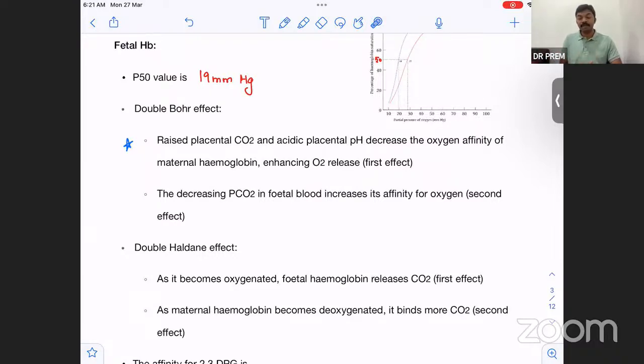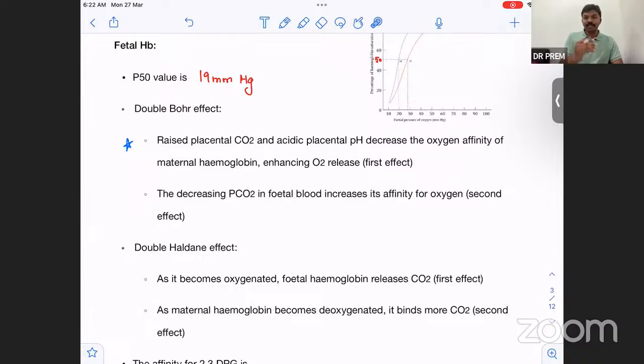Number two, since fetal metabolism is very, very less, the amount of carbon dioxide in fetal blood is comparatively very less than in maternal blood. Since fetal blood doesn't have much carbon dioxide, there is going to be a kind of alkalotic state in fetal blood.